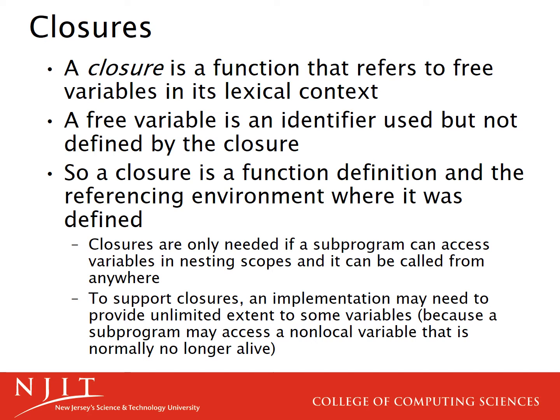So think about it this way, right? We talked about scopes, and we talked about nested scopes, and how I've got a block of code and a variable is not declared in that block of code, so I don't know what it is, but I can search in the enclosing scope and get access to that variable.